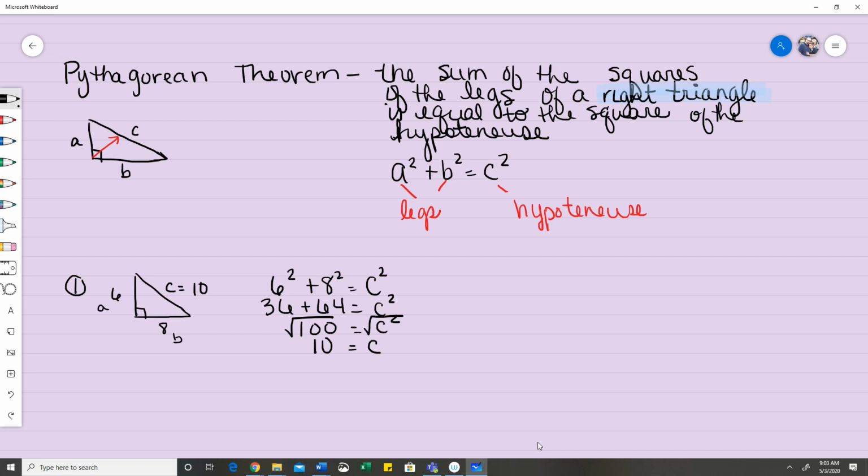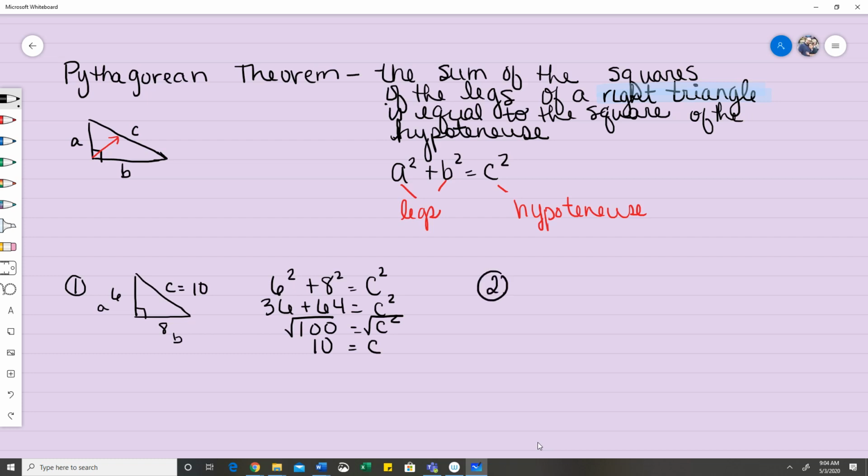Now, if you end up with a radical still, you know, you can't completely simplify it down to an integer, then that is not a Pythagorean triple. Okay, just a little extra tidbit there.